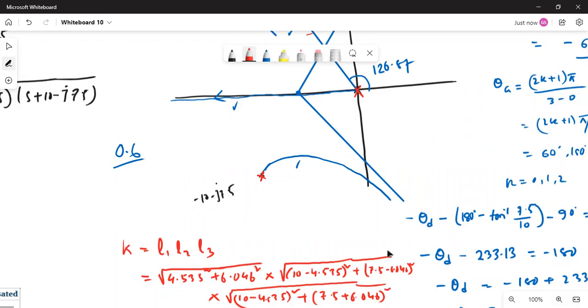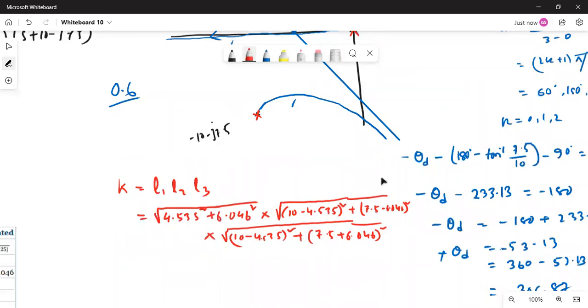So if you multiply all these, then you're going to get the gain K as 624.23. So this is your modified value of the gain K, for which we are obtaining that dominant second order point. So this is the procedure for dealing with this scenario.